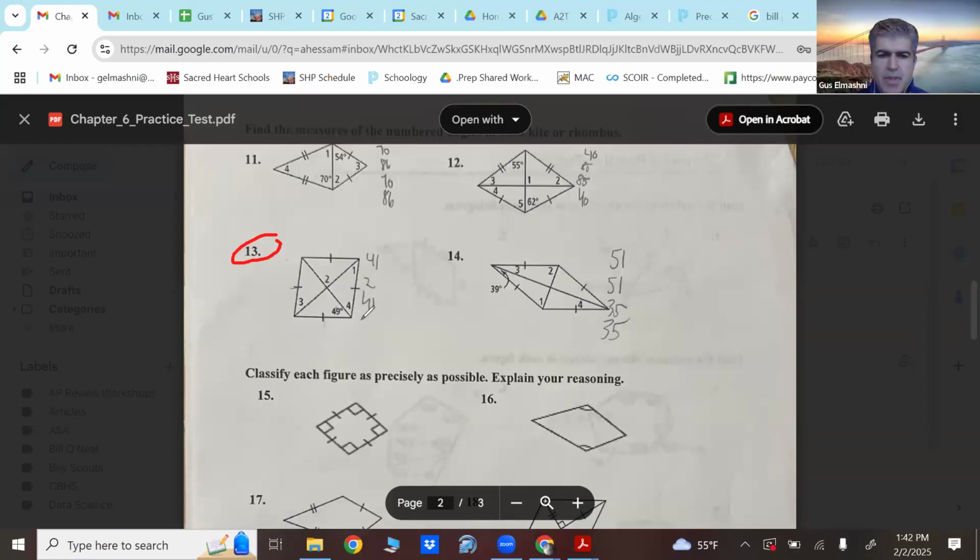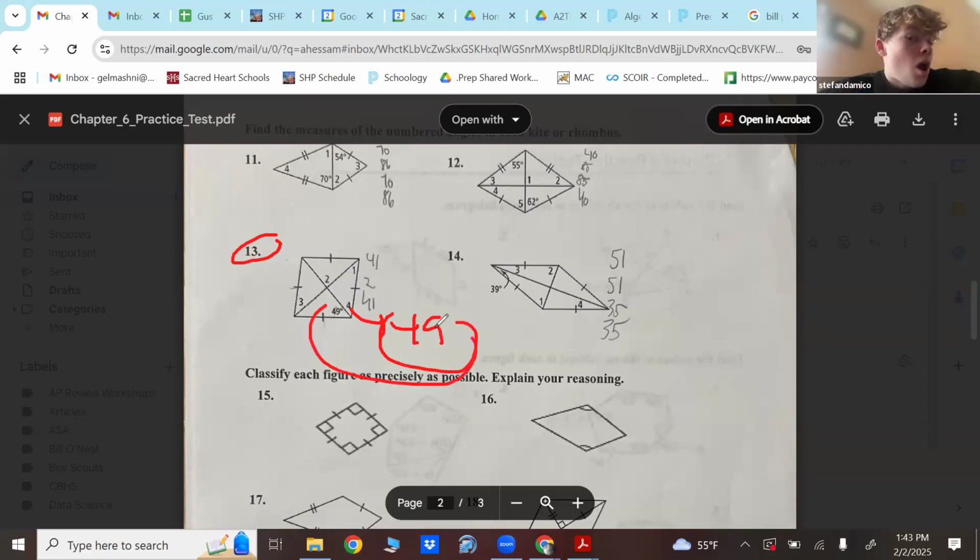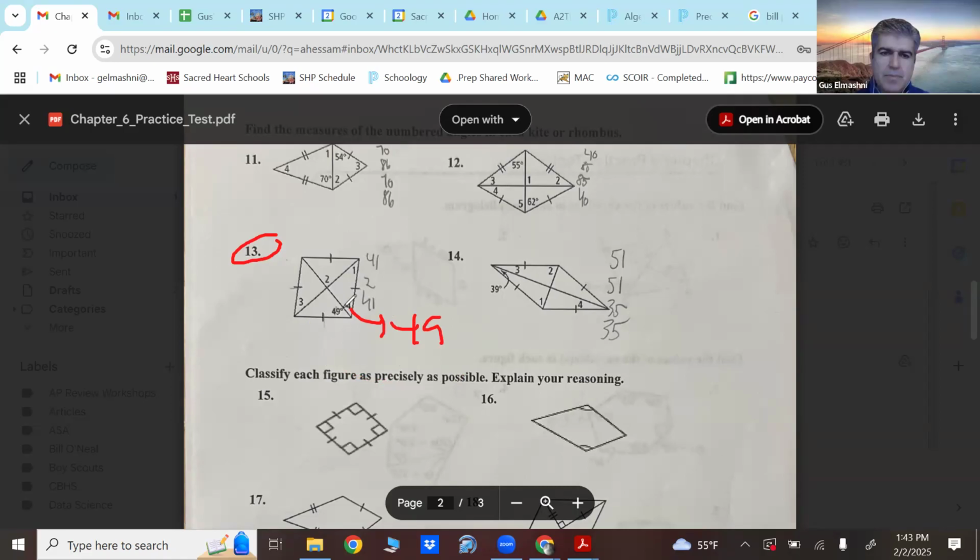That's a rhombus, so the diagonals will bisect the angles. That's 49. That doesn't quite look like it, but that's true. And if that's 98, then that's going to be 82.